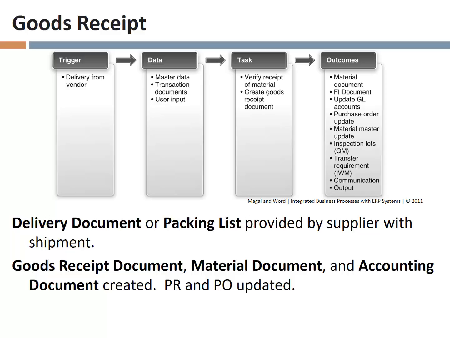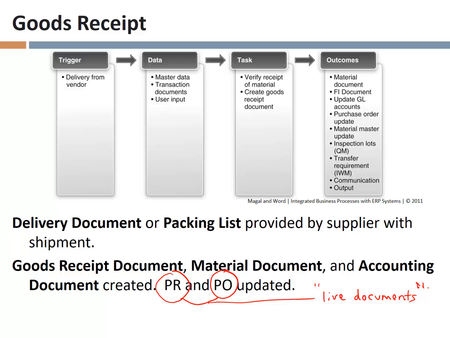And this is a good place for us to observe that the purchase requisition and purchase orders are two examples of a class of documents that we see in the system that would be considered live documents. Now, the idea behind a live document is it, of course, gets created at a given point in time, but then it's going to be updated as well as we have new information.